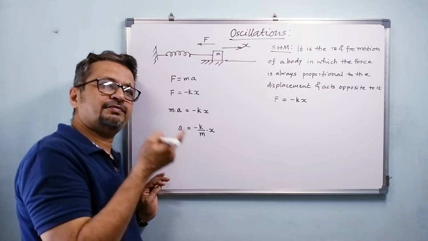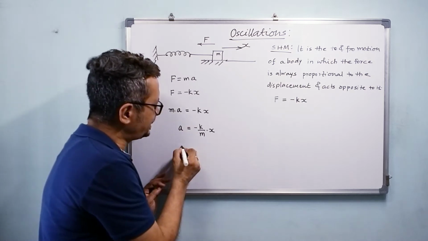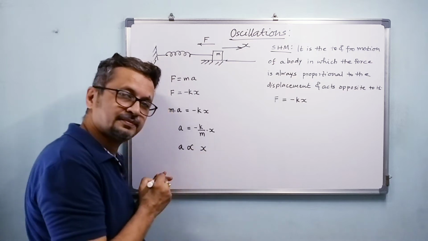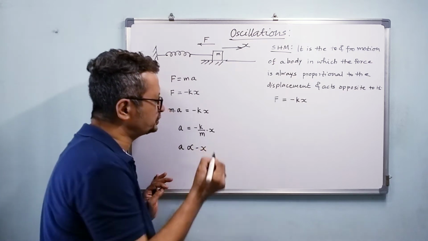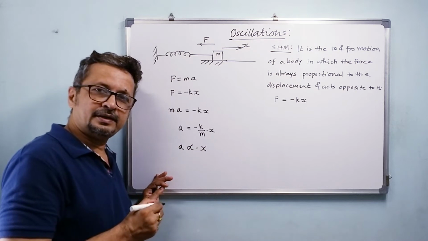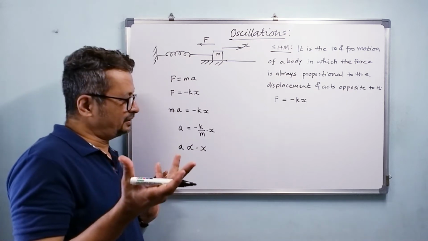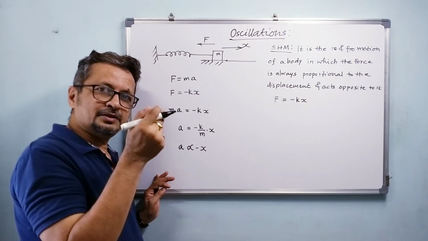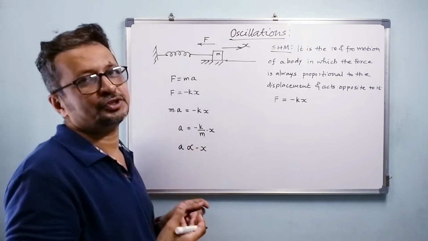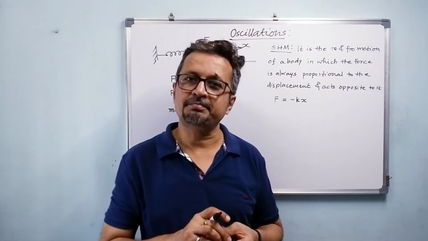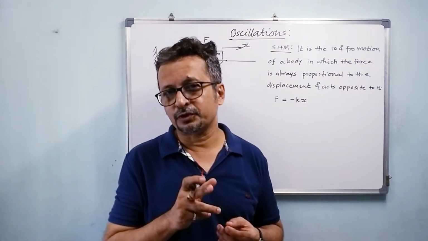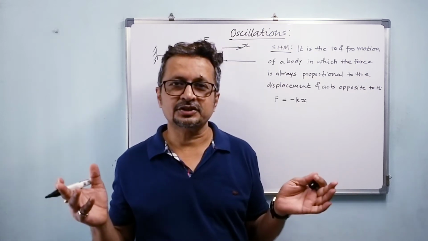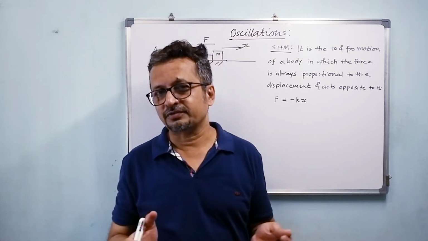So if mass and k are constant, I can say that acceleration is proportional to displacement and acts in the opposite direction. This is simple harmonic motion. So what does it mean? Simple harmonic motion is the motion where the acceleration of a particle is directly proportional to its displacement and acts in a direction opposite to that of displacement.